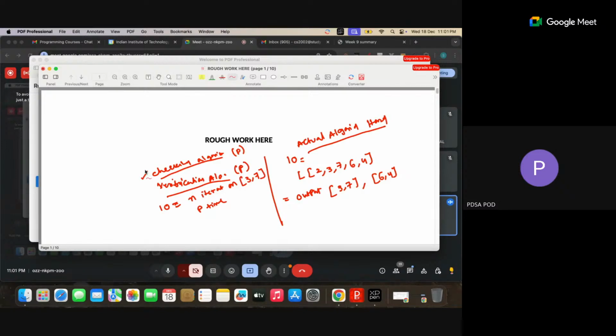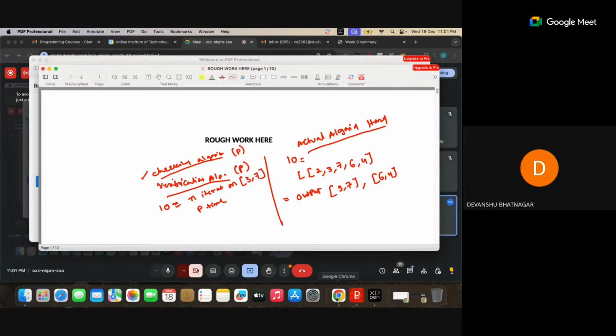So NP problems can have checking algorithms in P. Already the checking facility is there. Whether the solution is correct or not, we'll verify. Clear? Yes, sir.